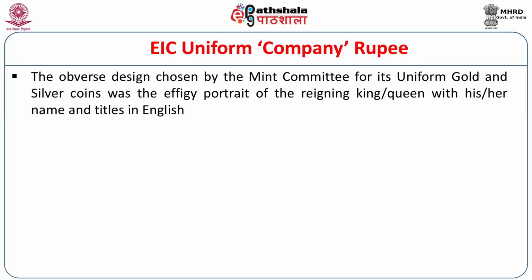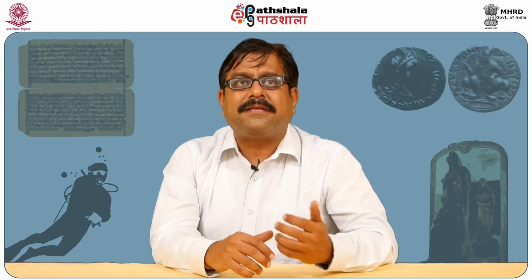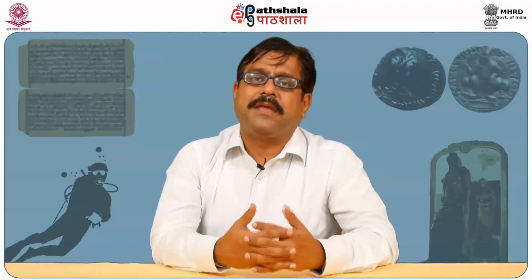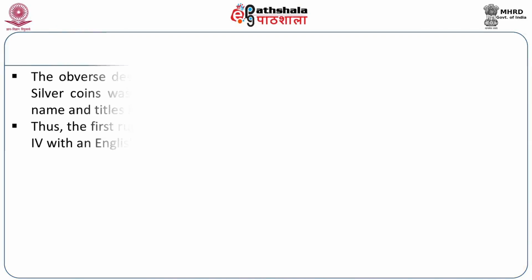Thus, we see that the obverse design chosen by the Mint Committee for its uniform gold and silver coins was an effigy portrait of the reigning monarch. In this case, the first coinage came in the name of William IV, who was then ruling England as its king.